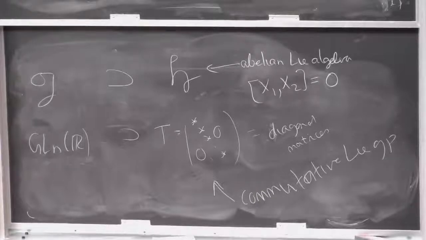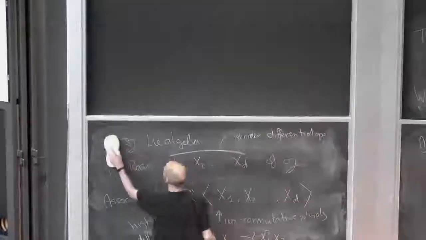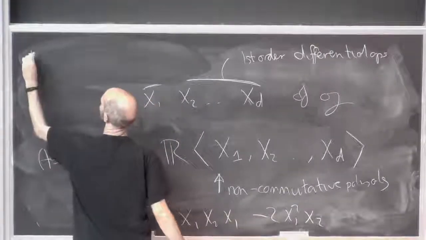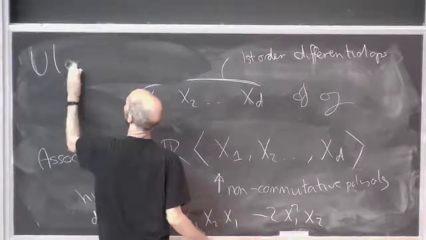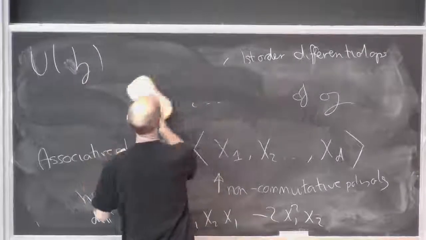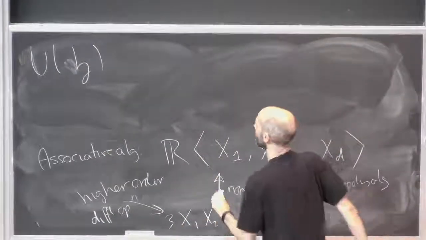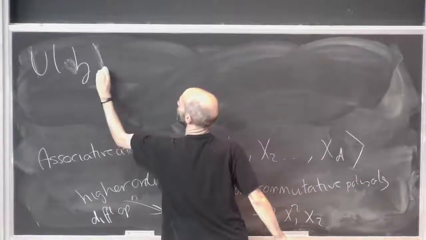So when I do this with H, what is this U of H? Let's do U of H_C.